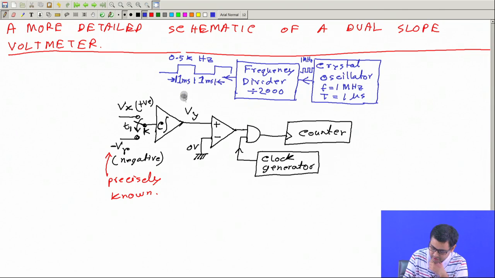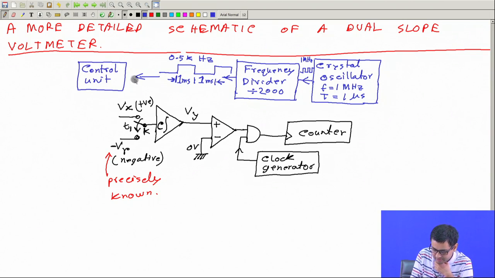Okay. So 1 millisecond on time, 1 millisecond off time. Now what we will do, we will feed this signal, say to a, call it a control unit, which will control this switch position.